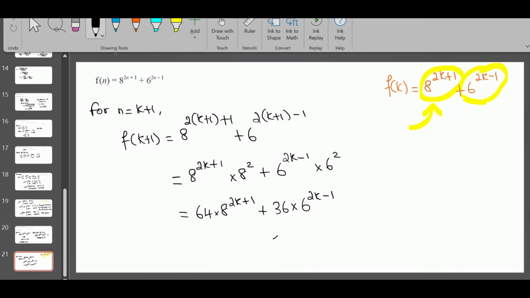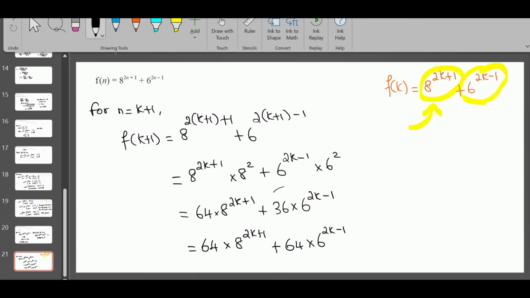So if we have 64 here also, let's say this number is 64, we can take out 64 as a common factor. You have f of k. So if f of k is divisible by 7, definitely 64 times a number divisible by 7 is divisible by 7 eventually, right? But we don't have 64. So what I'm going to do, I'm going to change it to 64 now. I'm going to write it as 64 times 8 power 2k plus 1, plus 64 times 6 power 2k minus 1.